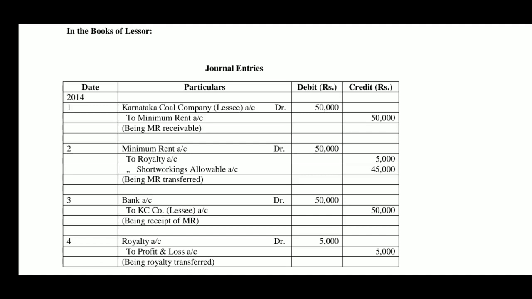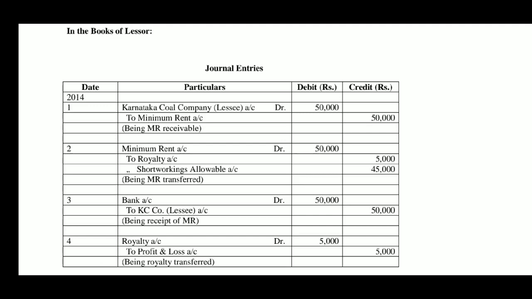Therefore, for the amount due, that is minimum rent, the lessee's account is to be debited. Lessee becomes the debtor from whom it is due. So, minimum rent is credited because it is an income. So, lessee's account debtor, Karnataka Coal Company account debtor to minimum rent account being minimum rent receivable. Now, this minimum rent is transferred to royalty and short workings allowable account.